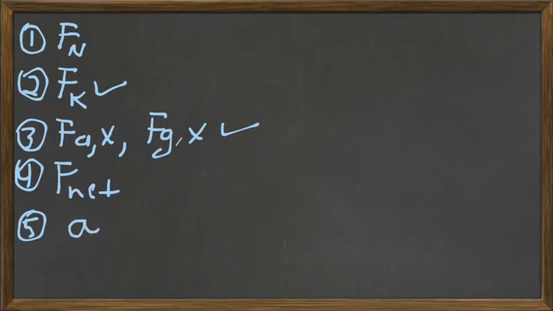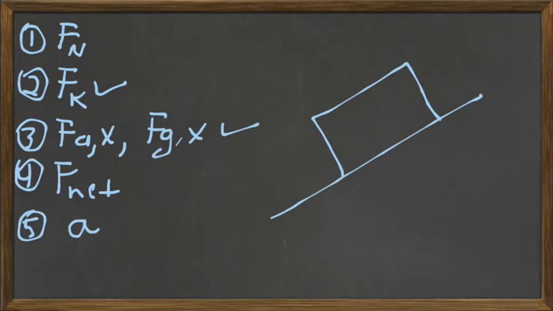Now sometimes you do get lucky. You're given a box on an incline, and we're told at that point it is at equilibrium. That's a terrible looking equilibrium, but you can read it.